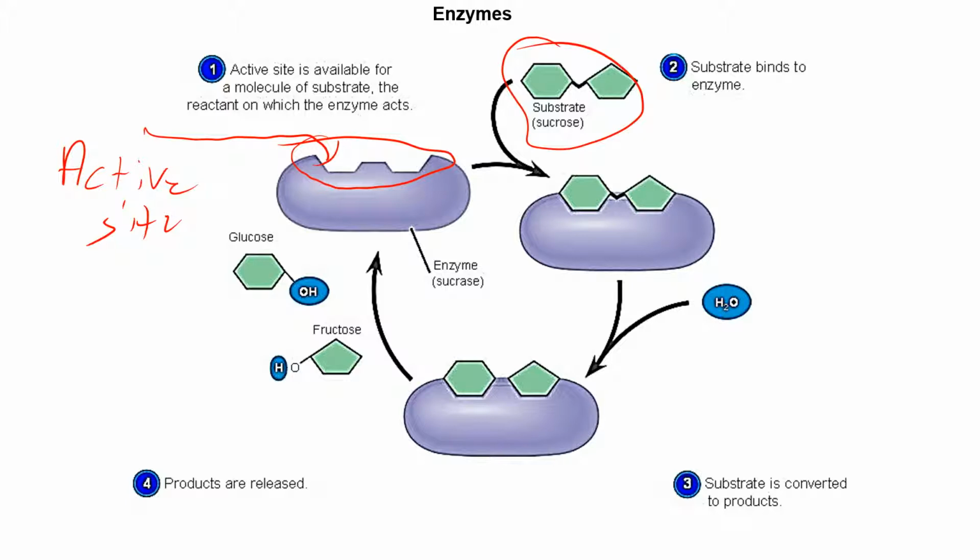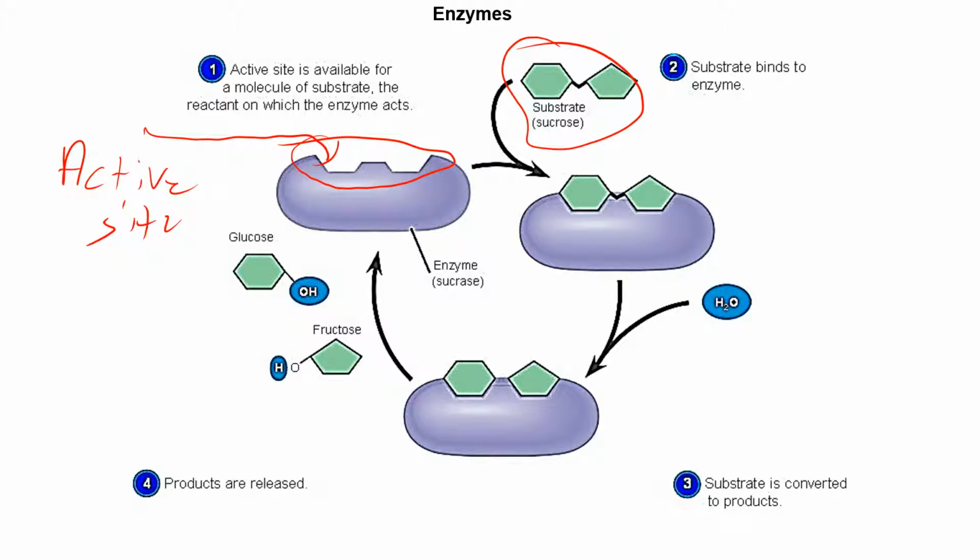So here you're dealing with a disaccharide. When that substrate molecule binds, it'll actually cause the enzyme itself to change its shape slightly, so that it more tightly wraps around its substrate.